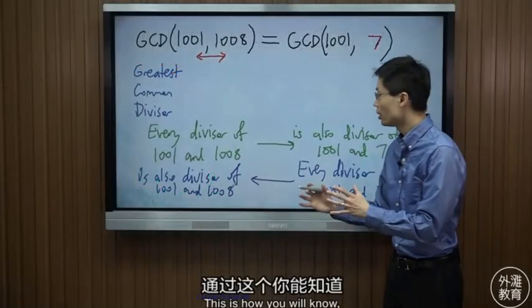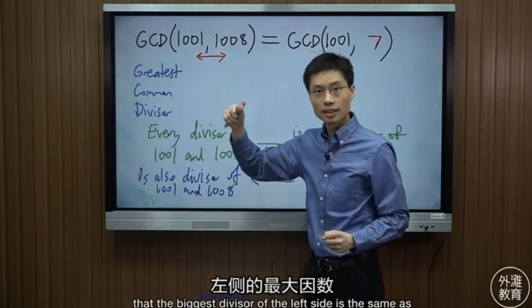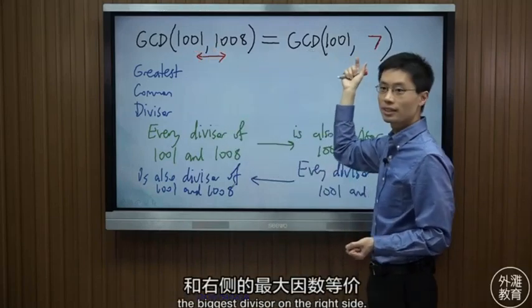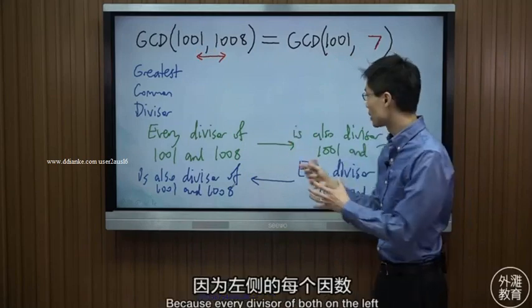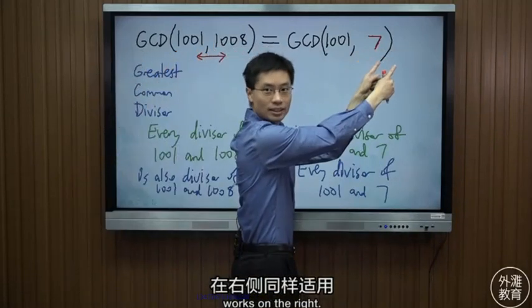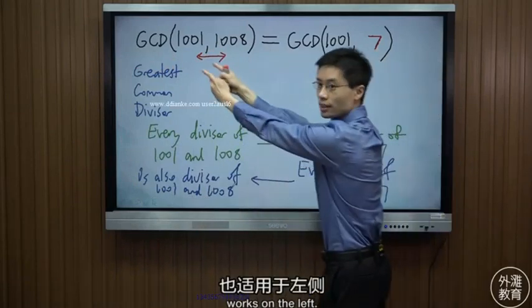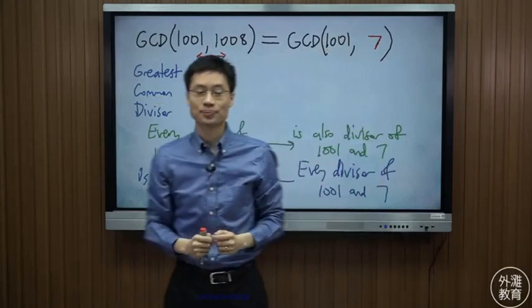This is how you will know that the biggest divisor of the left side is the same as the biggest divisor on the right side. Because every divisor of both on the left works on the right, and every divisor of both on the right works on the left. Okay?